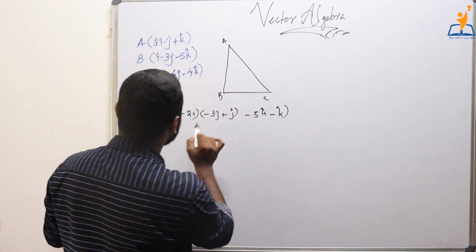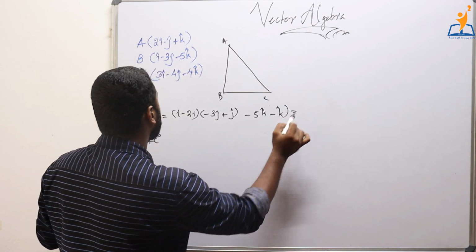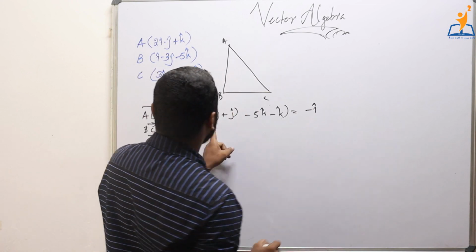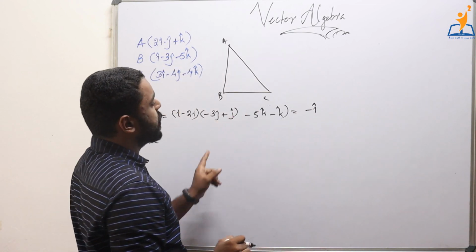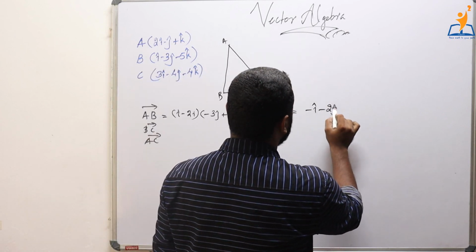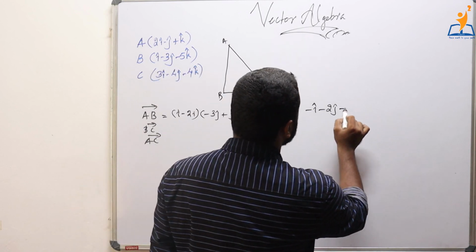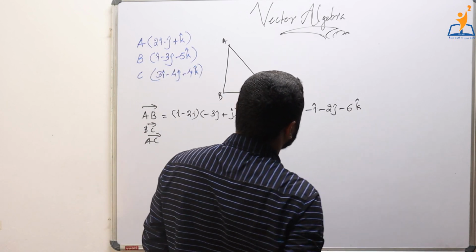So this will become: i minus 2i is minus i cap, minus 3j cap plus j cap is minus 2j cap, minus 5k cap minus k cap is equal to minus 6k cap.